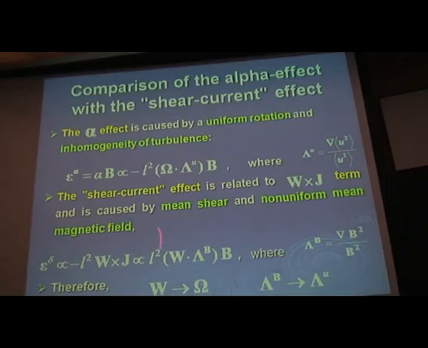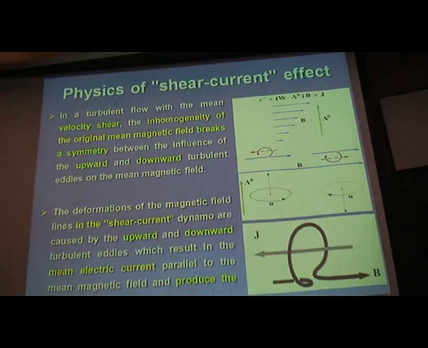Okay, so if we compare these two terms, we see that here vorticity plays the role of uniform rotation, and lambda B, the inhomogeneity of the original mean magnetic field, plays the role of inhomogeneity of turbulence, and it can cause a large-scale dynamo.